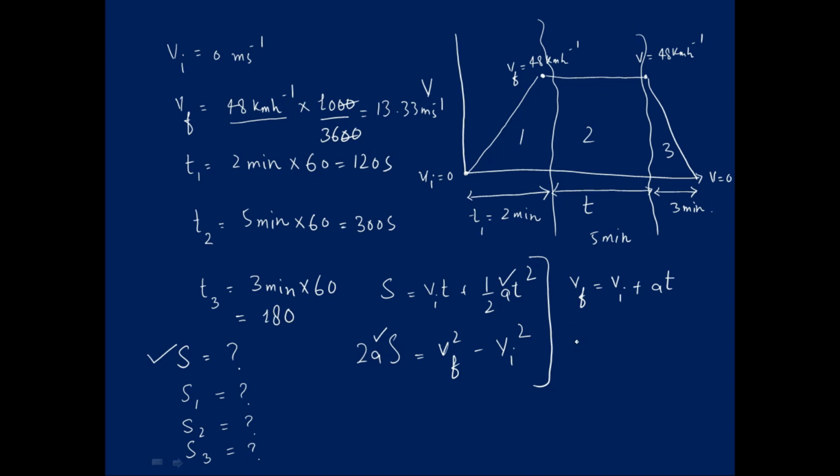Now putting the values, 13.33 meters per second is equal to the initial velocity, 0, plus a into the time, 120 seconds.